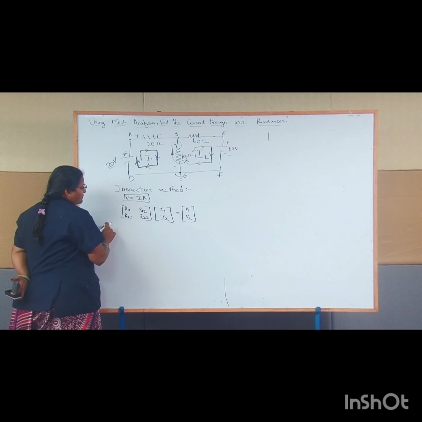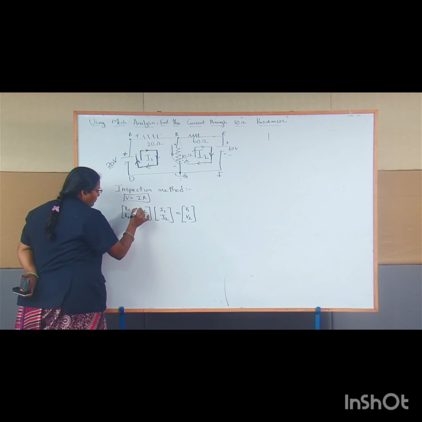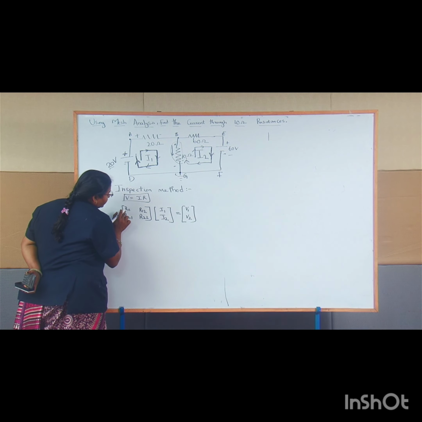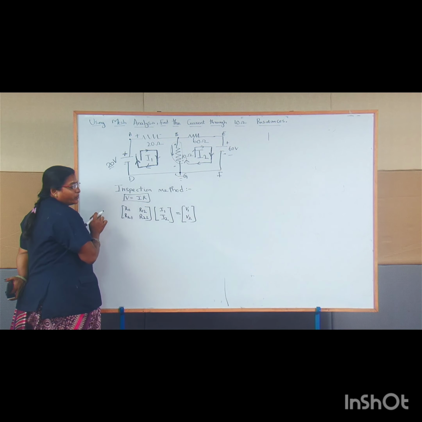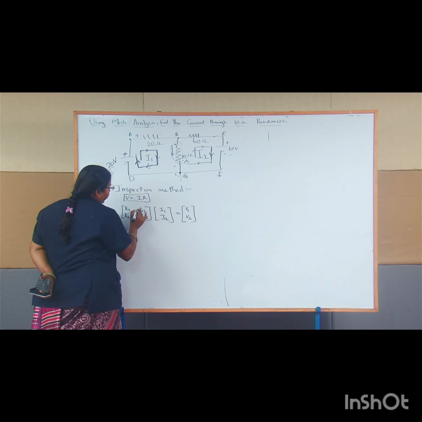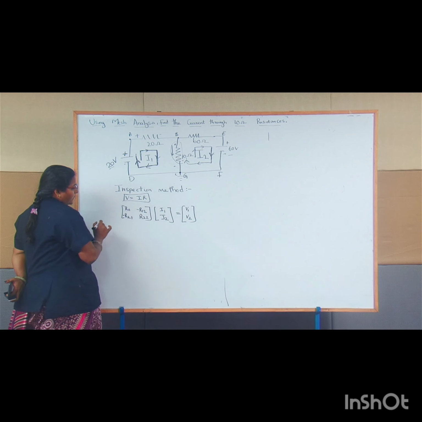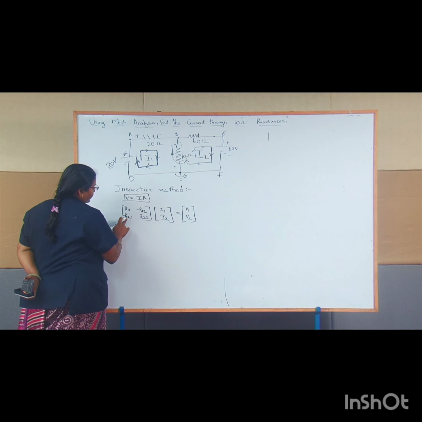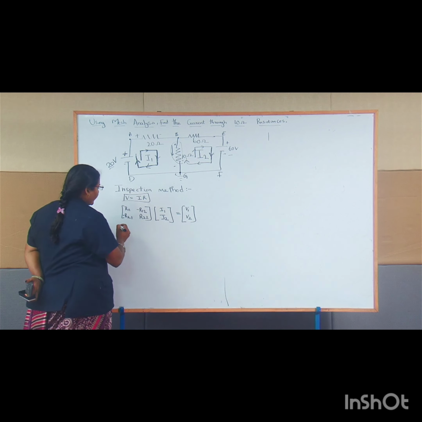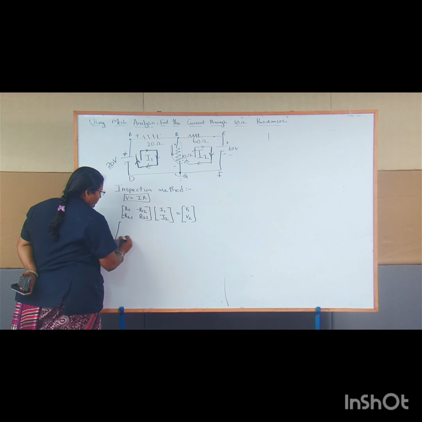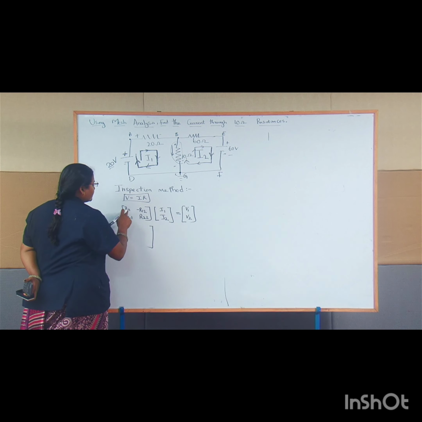So for using the inspection method, you have to keep in mind that the diagonal elements should be positive, the off diagonal elements should be negative. So R12 and R21 should be represented in negative. Now you have to fill this matrix.